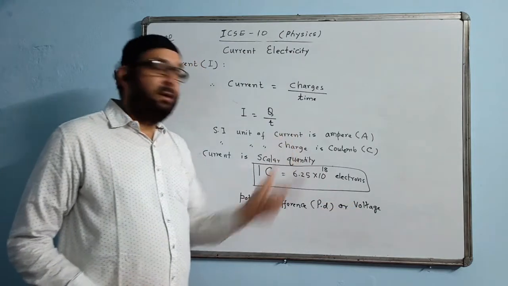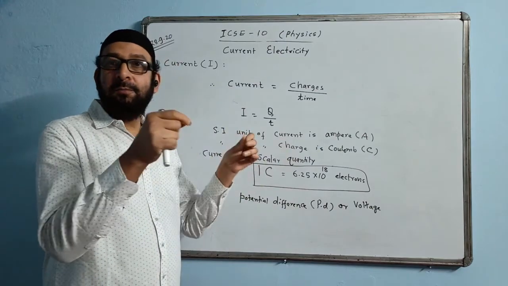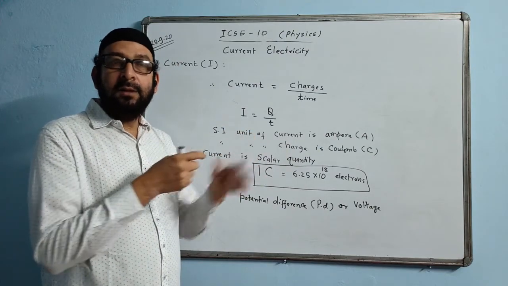No voltage, no current. If there is a potential difference between the ends of a conductor, then the current will flow.